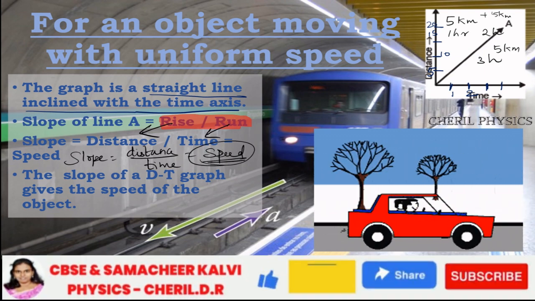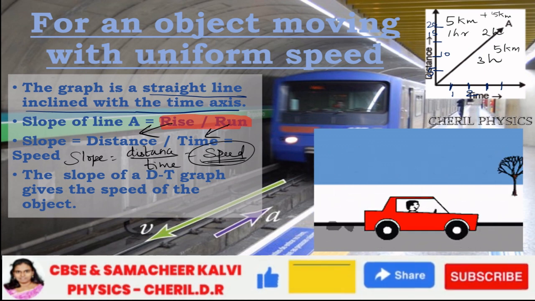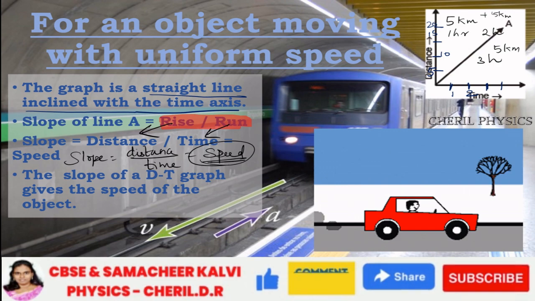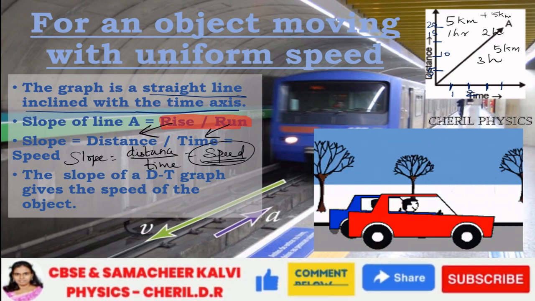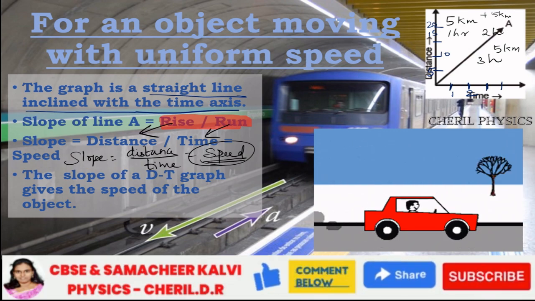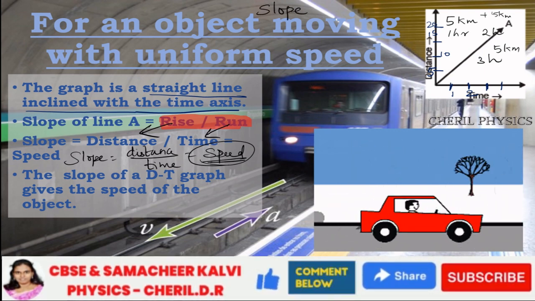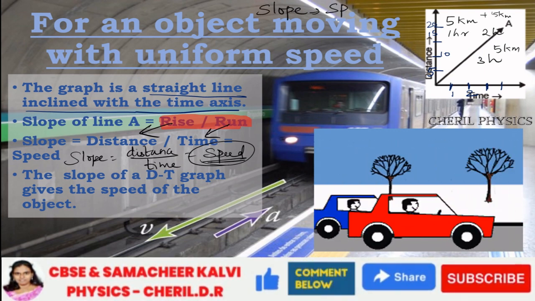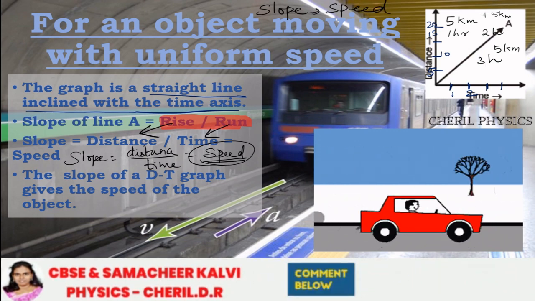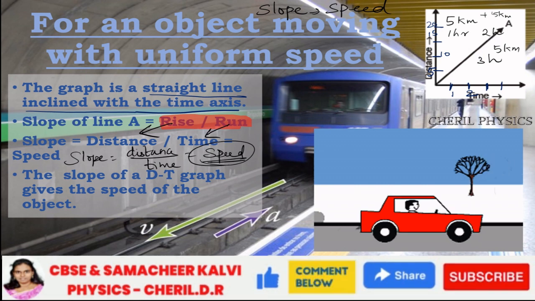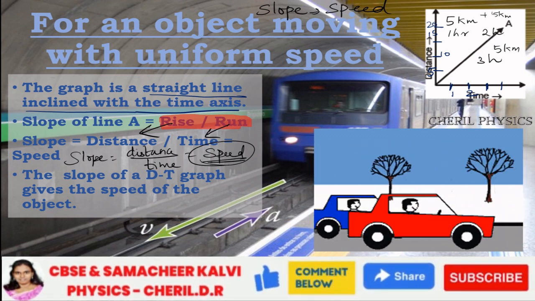Now with this I can say that by looking at the slope of the graph, I can calculate the speed of the object. So my slope will give me the speed of the object. That is why when the objects were at rest in the previous case, we could see that the slope was 0.